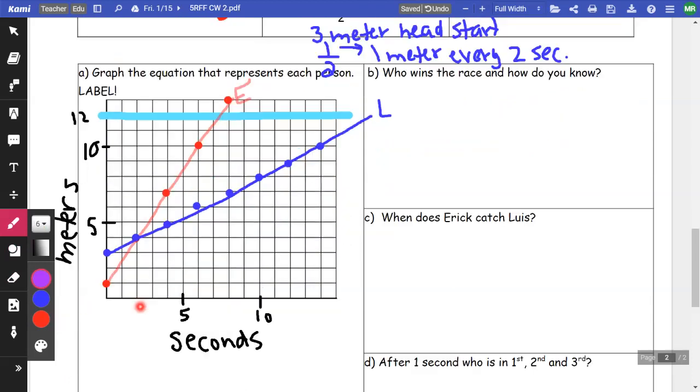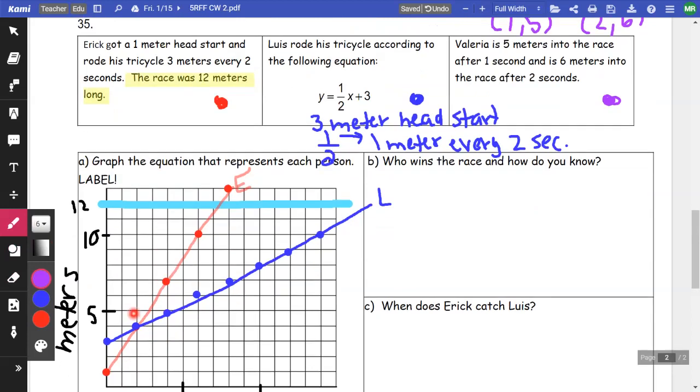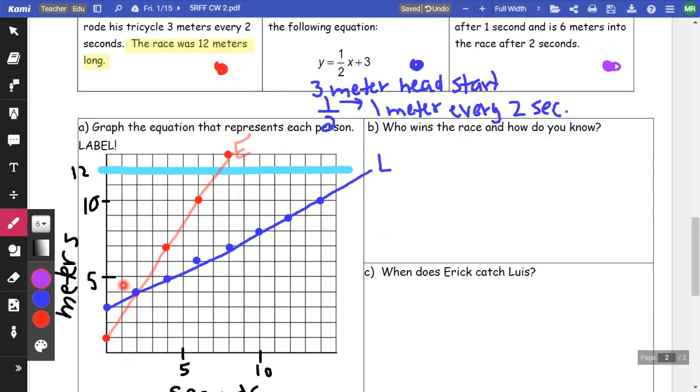So 1 comma 5, 2 comma 6. So here what I'm doing is going up 1 over 1, up 1 over 1, up 1 over 1. They met here. Up 1 over 1, and so on.